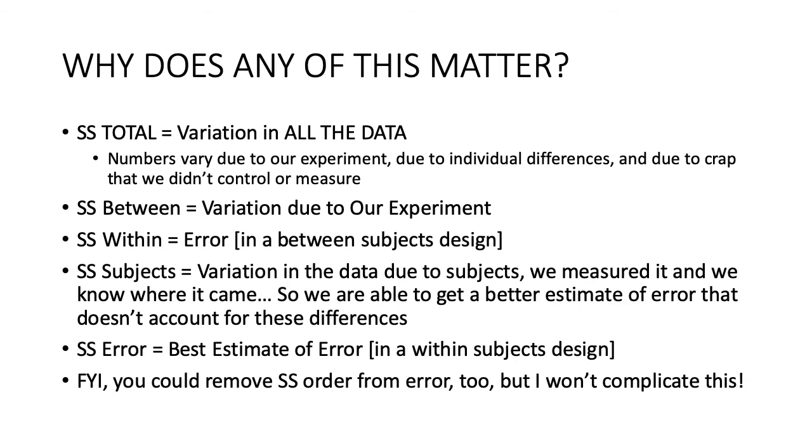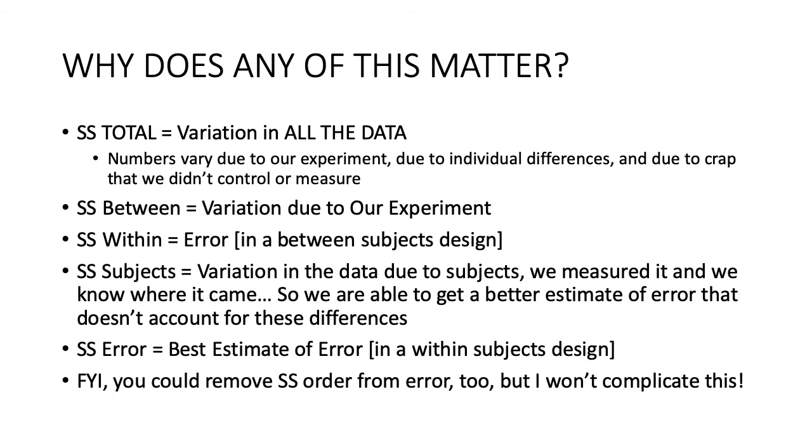Also, just so you know, imagine you had one of those funky counterbalance designs with multiple orders in there. You could do the same thing with order. You could find, how does order impact sleep time? So did they sleep more in the first dosing condition, independent of whether it was control, 10 or 100, right? Did they sleep more in the second, sleep more in the third?